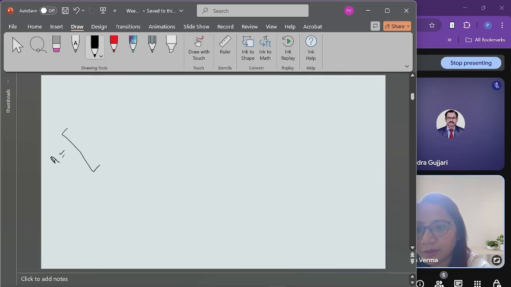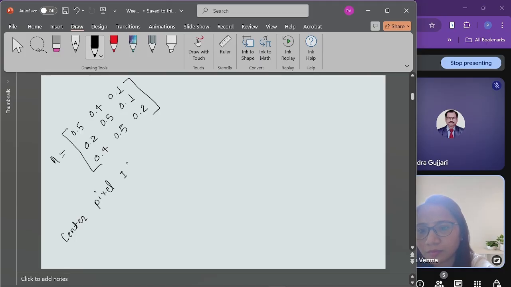The given matrix is 0.5, 0.4, 0.1; 0.2, 0.5, 0.1; again 0.4, 0.5, 0.2. The center pixel I 2 comma 2 is 0.5.